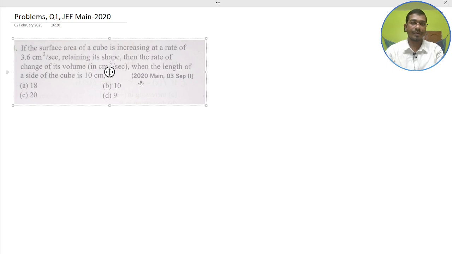So first, this question came in JEE Main 2020, a recent type of question.